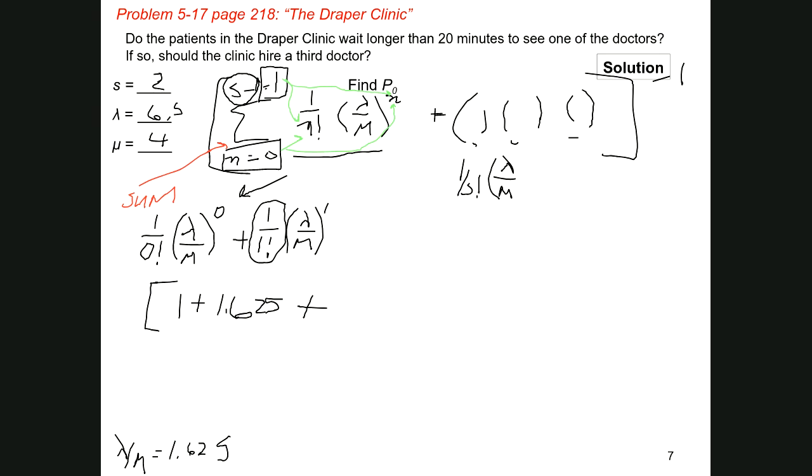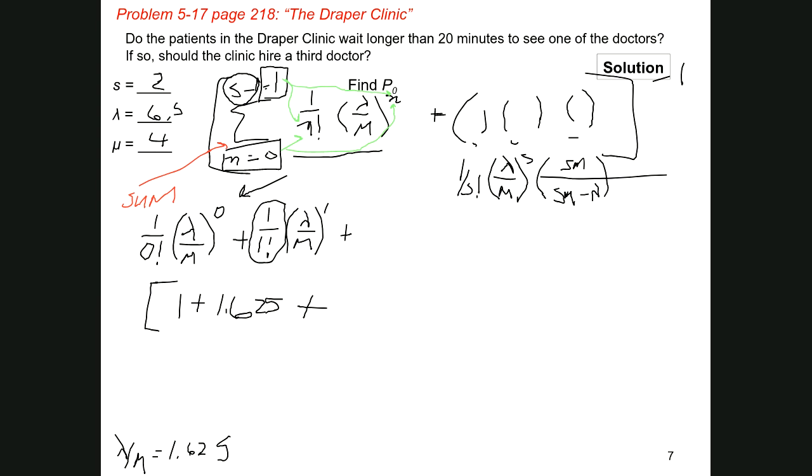And the third is s times mu over s times mu minus lambda. So that's the third term, and we're going to substitute in here.